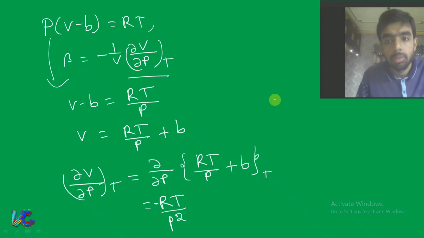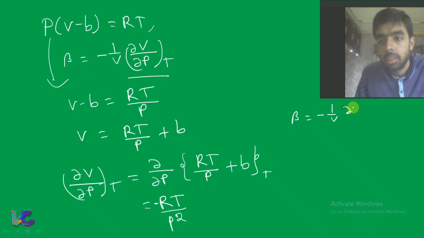That means beta is equal to minus 1 by V times del V by del P at constant T. Now you have del V by del P at constant T equal to minus RT by P square.